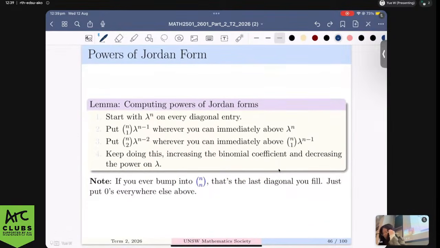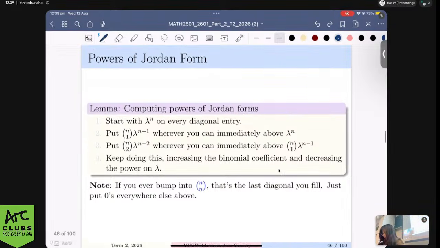So this is just reinforcing what I said before. If we start with lambda n on each diagonal entry, we can put n choose 1 lambda to the n minus 1 immediately above lambda n, and then also do this for n choose 2 lambda to the n minus 2, wherever you have n choose 1 lambda to the n minus 1 immediately above.